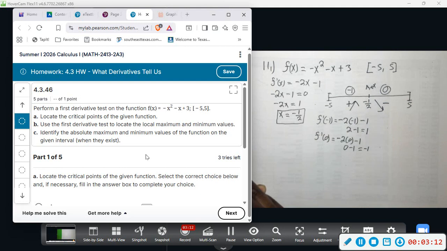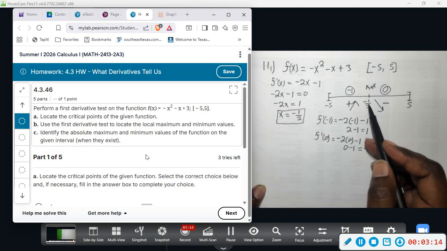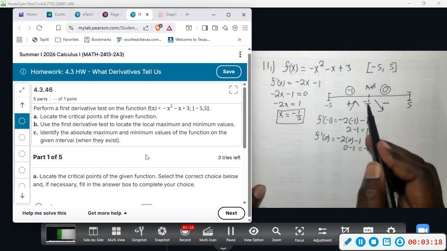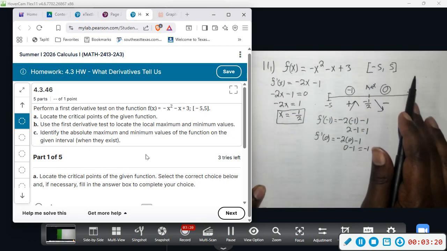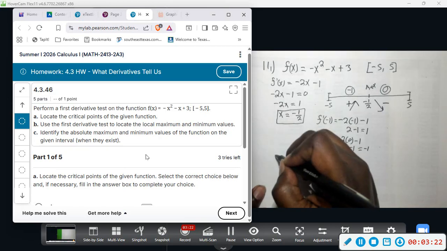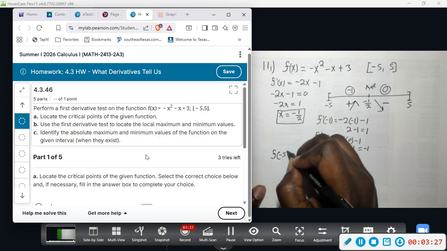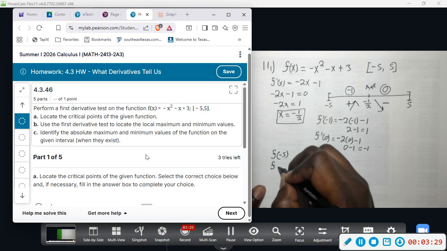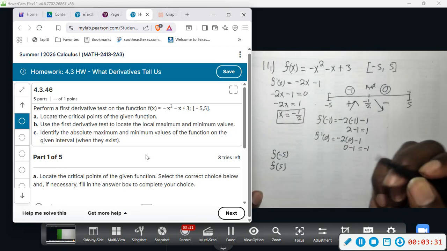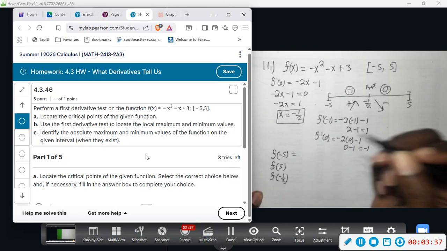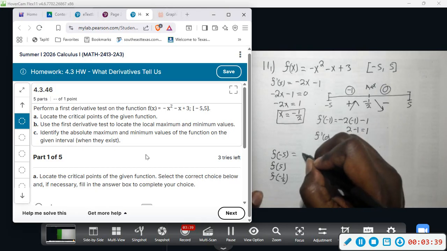And then once we identify that maximum value, we're going to plug in endpoints and the critical value to find the absolute maximum and minimum. So I'm going to do f of negative 5, f of positive 5, and then f of negative 1/2. And we can plug them all in.